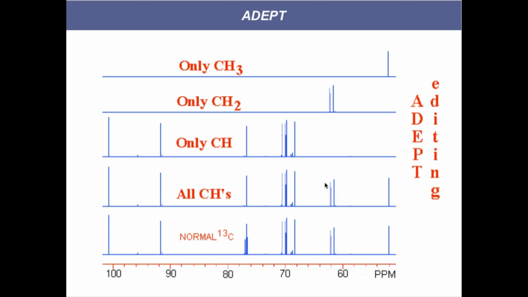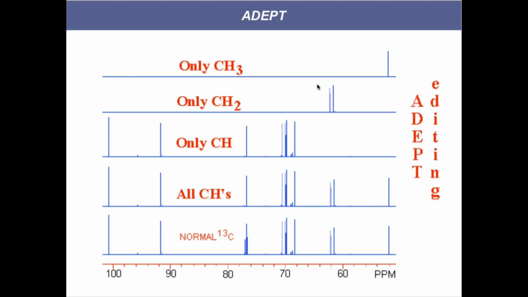Then we are going to subtract off the previous spectrum and we're only going to see our CH peaks. Those were these guys. Everything else disappeared. Then we're going to subtract off this spectrum from our DEPT 90, and that's only going to show us our CH2s. And then we're going to subtract that spectrum from our DEPT 135, and that's only going to show us our CH3s.